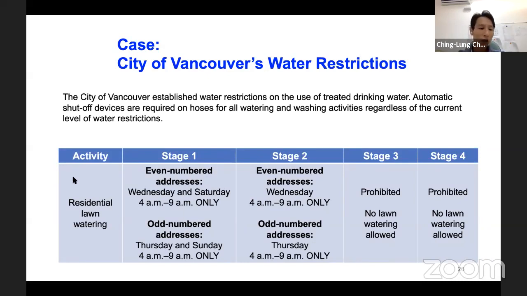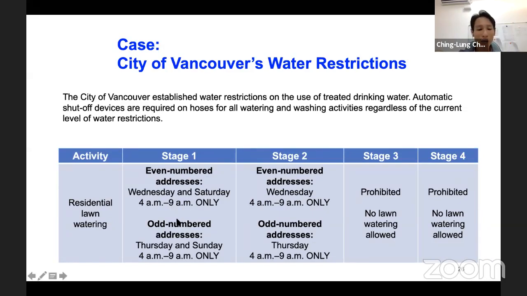Okay, the first one is activity. This is residential lawn watering. Lawn watering means we use the water to water our garden. For stage one, for housing with an even number, for example 2, 4, 6, 8, 10, they can use the water on Wednesday and Saturday from 4 a.m. to 9 a.m. Only in this period of time can you water your plant or garden.